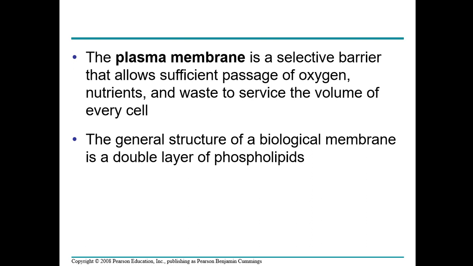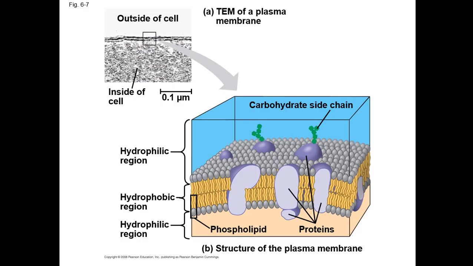Membrane is a double layer of phospholipid. From the word itself, phospholipid containing phosphorus and lipid structure. Double layer siya, class. In a phospholipid, dalawang region ang meron. We have hydrophobic, meaning hydrophobia, the water-fearing region of the cell membrane.